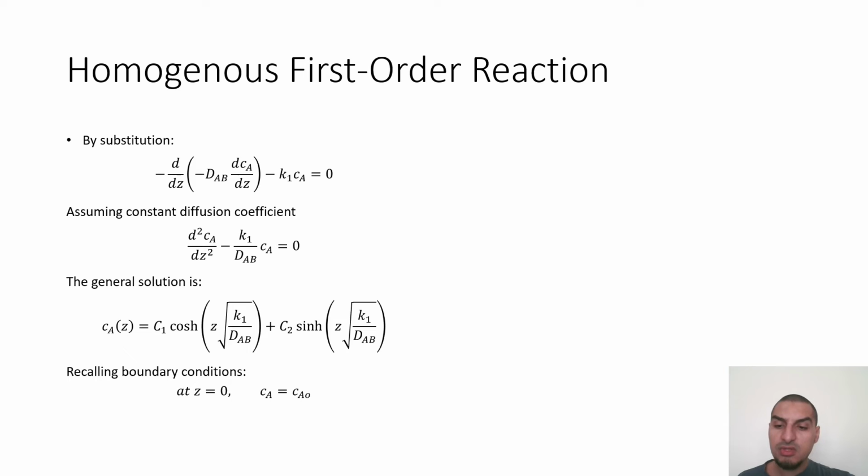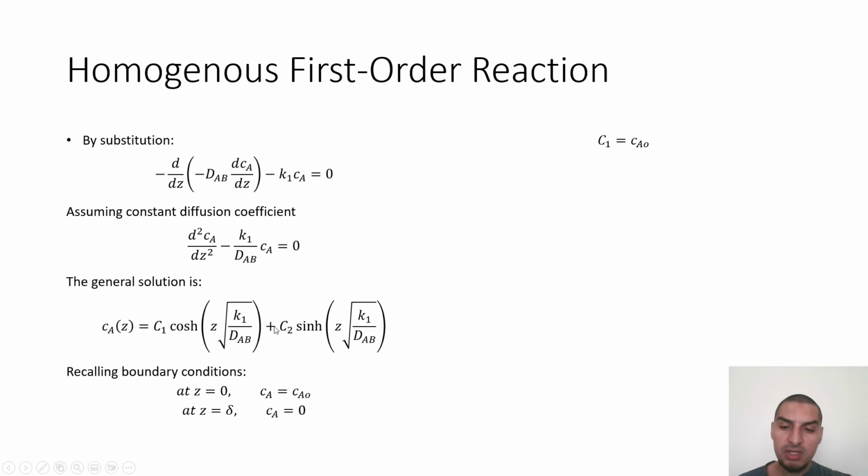So we have the boundary conditions: z equals 0, Ca equals Ca node, and z equals delta, Ca equals 0. If I apply the first boundary condition, cosine of 0 is 1, sine of 0 is 0, so this is 0, this is 1, this is Ca node, so C1 equals Ca node. And for the second boundary condition, z equals delta, so this is going to be delta, this is delta, and this is 0.